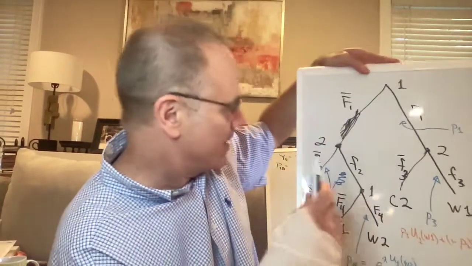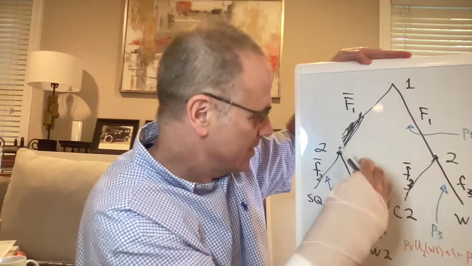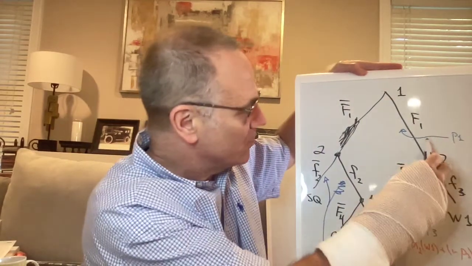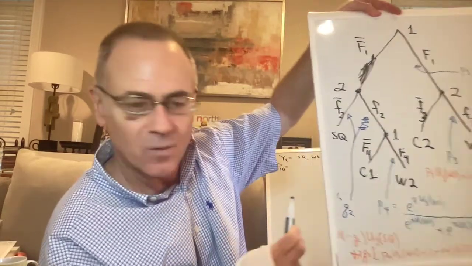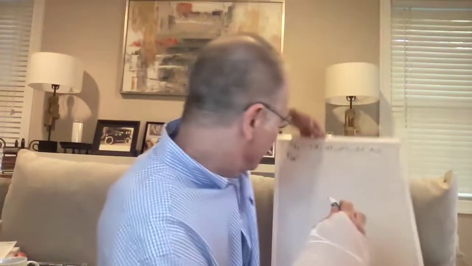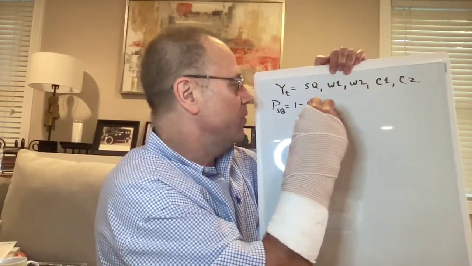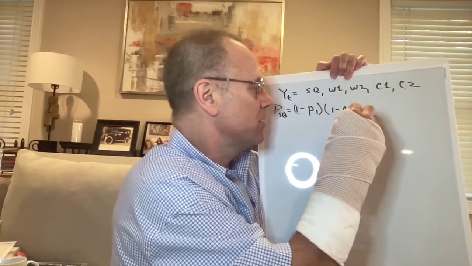And what is that? Well, it just equals the probability we go down this branch times the probability we go down this branch, and that is going to be 1 minus P1 times 1 minus Q2.